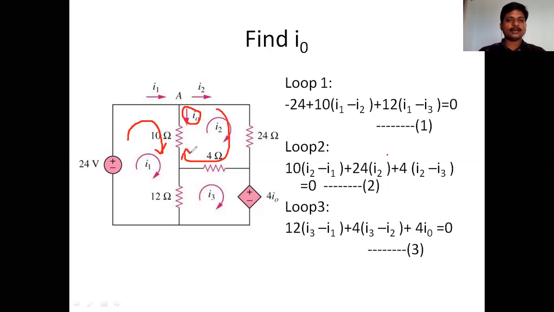Both are flowing in the 10 ohm branch but in opposite directions. Therefore, I naught can be written as I naught is equal to I1 minus I2. So that can be taken as the fourth equation.